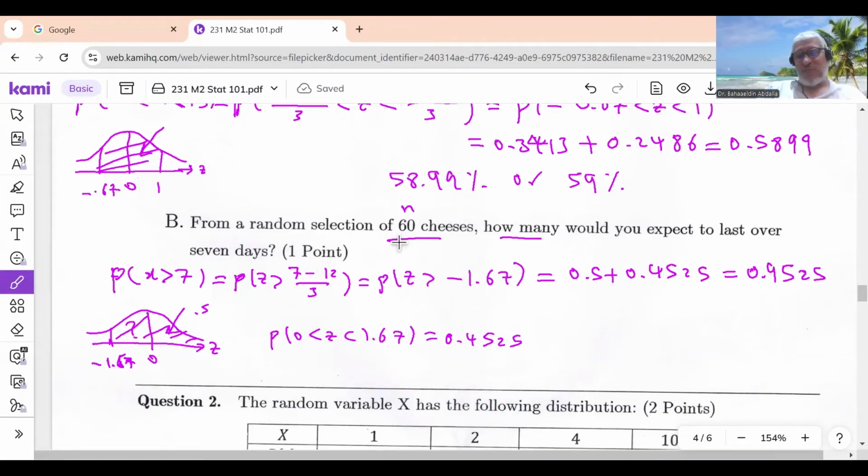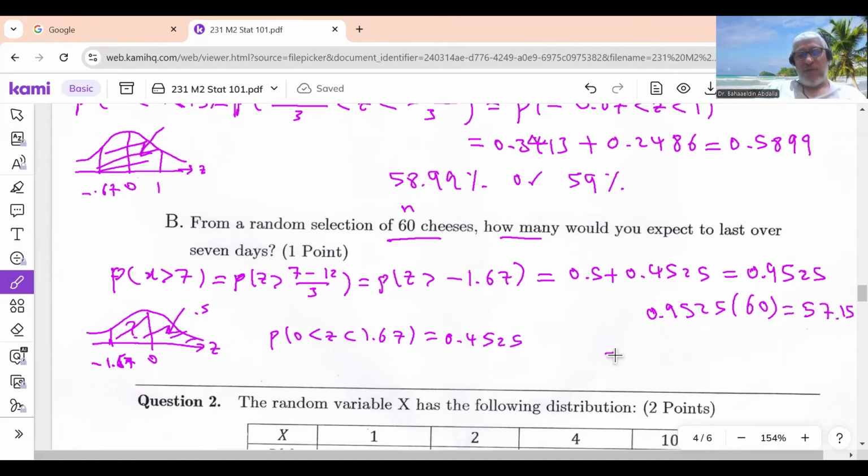If you have 60 cheese, you can multiply 0.9525 times 60 cheese, and the answer is 57.15.